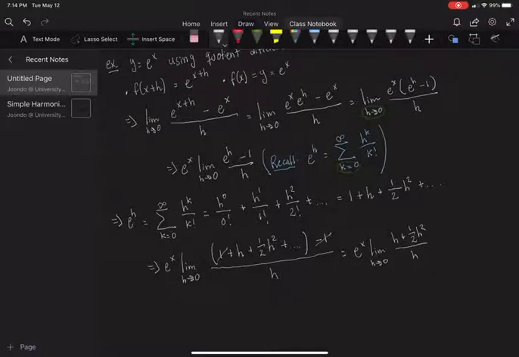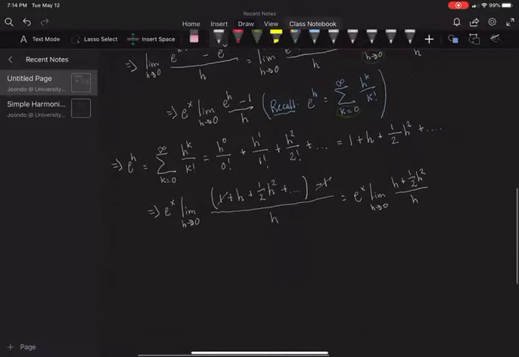So if we have h plus 1/2 h squared over h, we can rewrite this as what? e to the x, we can eliminate h, and we get the limit as h tends to 0 of 1 plus 1/2 h.